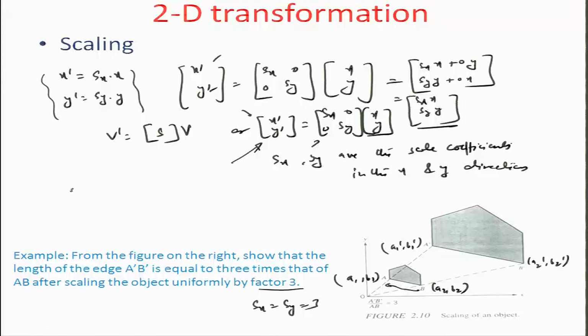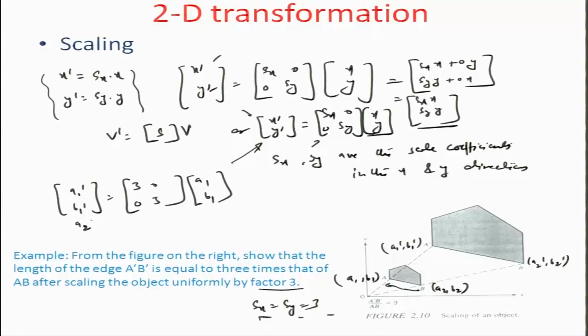So, A1 dash B1 dash in this particular case would be represented as the matrix 3 0 0 3, mind you, Sx and Sy are both equal to 3, times the coordinates of A, which is A1 B1, and similarly A2 dash B2 dash should be equal to again the scale matrix times the coordinate of B, which is A2 B2.